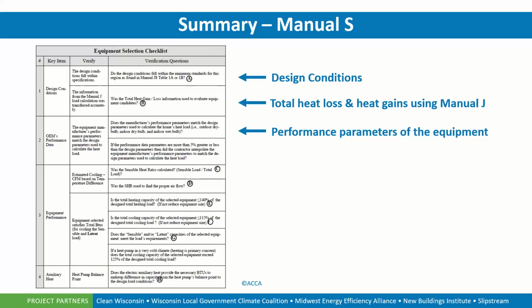We want to use a 95% efficient gas furnace from this manufacturer. Then we look at the equipment data. We find the performance of that particular equipment. We can take that information. We get our information from Manual J for a sensible heat calculated, and that's used to size that blower motor.